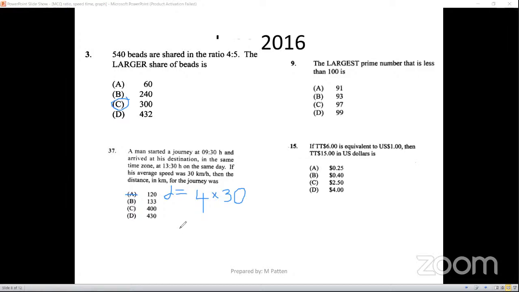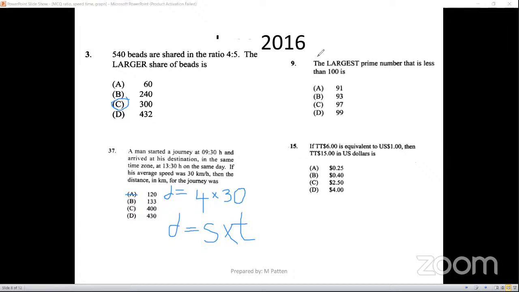Everybody clear on that? Speed is distance over time. Distance is speed times time. Time is 4, and speed is 30, so 4 times 30, same as 30 times 4.